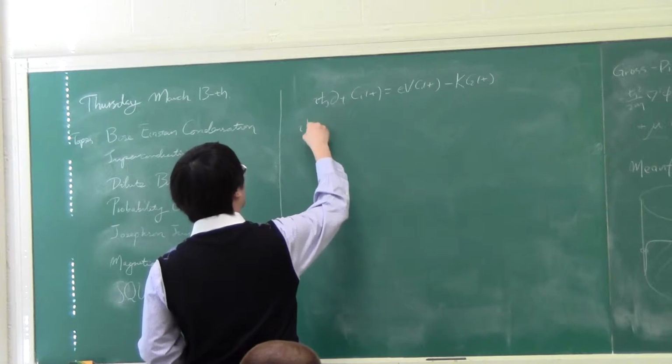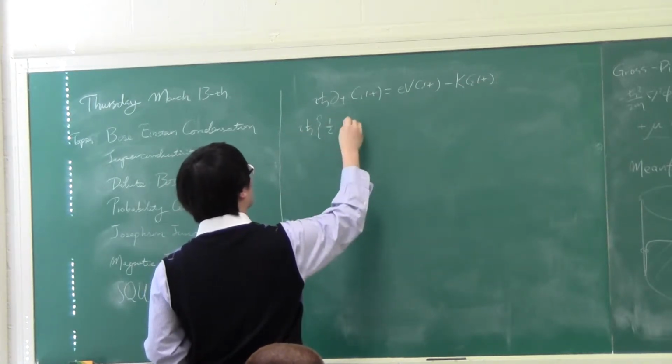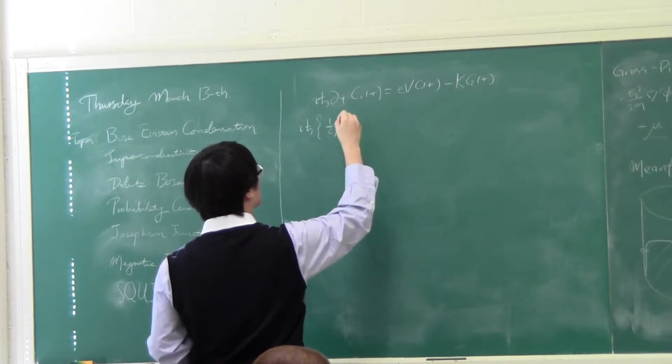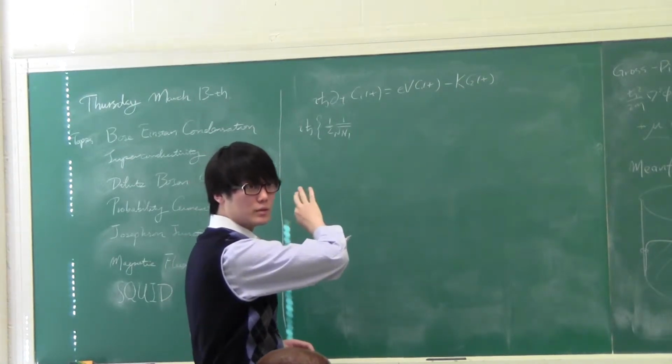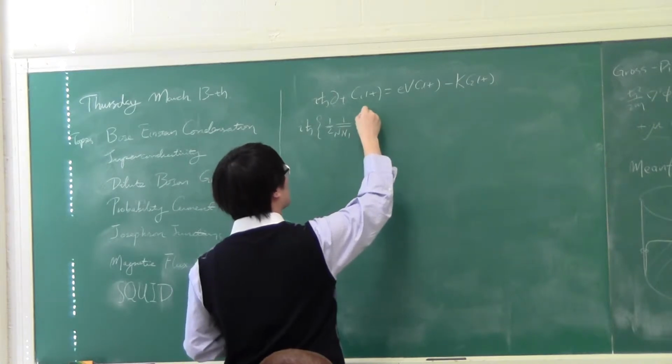So this would be i h bar. And I'm not going to write the time dependence, but you should remember that the number of particles and phase are all functions of time.